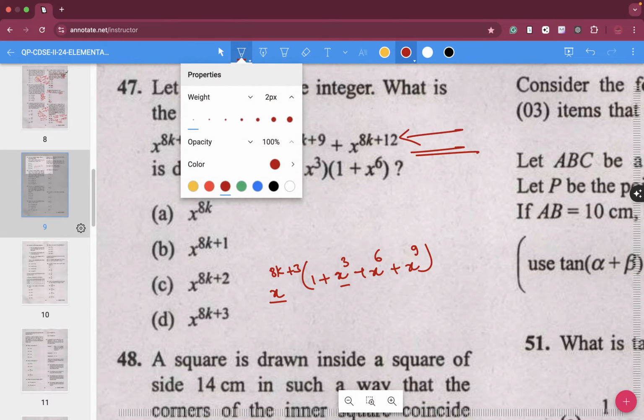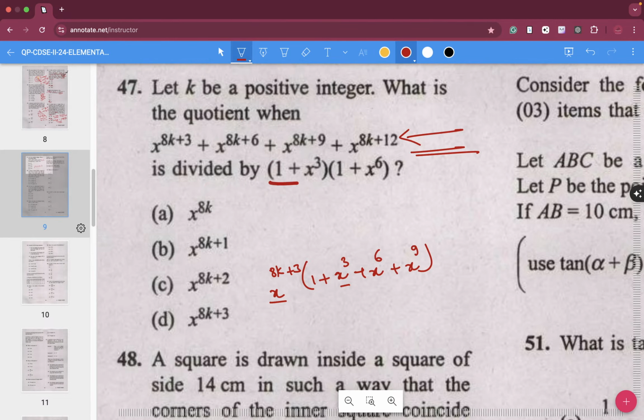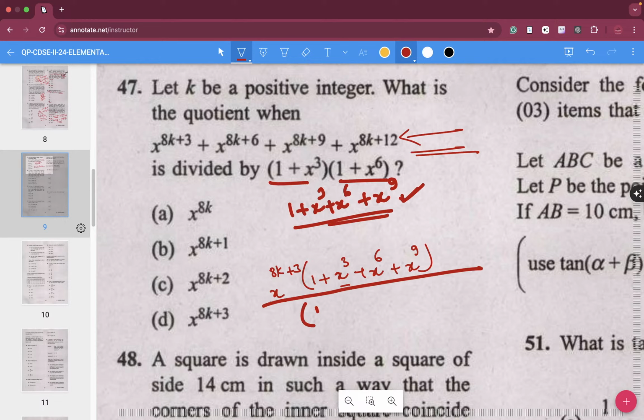Now if you have to solve for this, this is simply 1 plus x cube plus x raised to the power 6 plus x raised to the power 9, isn't it? Now this value divided by this value, this one gone, this one gone. What are you left with over here?